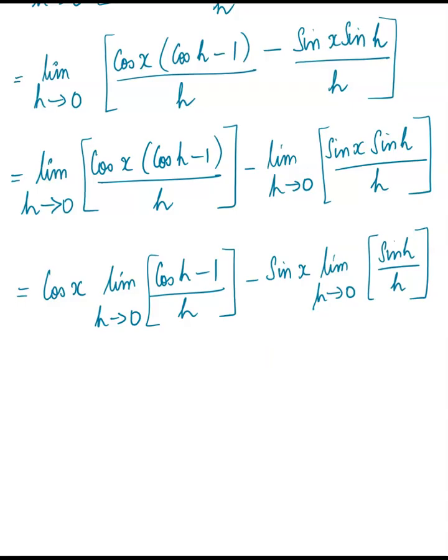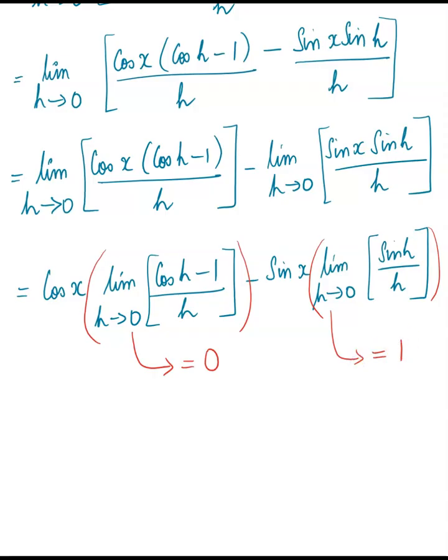And we've seen the rules before, that this part here is equal to 0. This is coming from the time we discussed the squeeze theorem. And this one, we know that it's equal to 1.